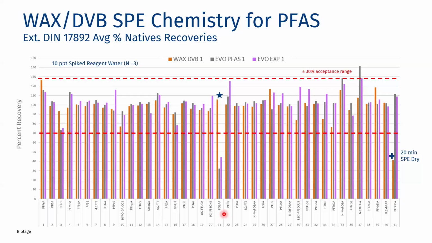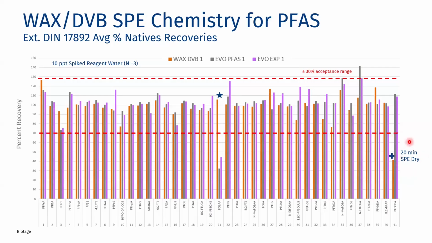And then you can see here we have the octadecanoic acid. This is the 18 chain carbon that we talked about earlier. You can see the recoveries for this on the wax DVB weren't as high as when we just used the wax. However, we were able to improve this.